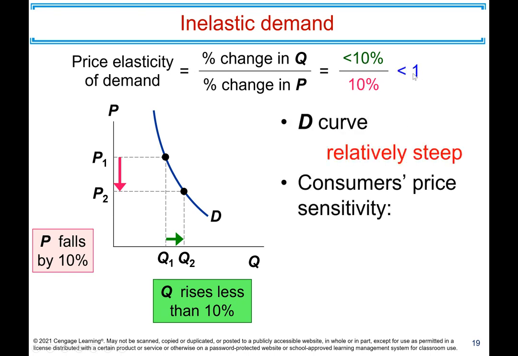That means elasticity is less than 1. So the demand curve is relatively steep. Consumers' price sensitivity is relatively low, and therefore elasticity is less than 1.